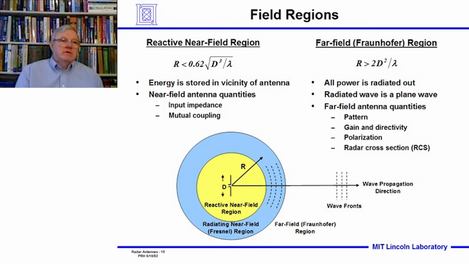Okay, now let's talk about the different field regions. One of the things that we talked about is Maxwell's equations, these 4 simple, beautiful equations that tie together electromagnetic fields, electric fields, magnetic fields, currents, and charges. And when we have radiation, Maxwell's equations have to be satisfied. Having studied Maxwell's equations, I think I've taken 4 or 5 full-year courses that were essentially Maxwell's equations, in undergraduate and graduate school.